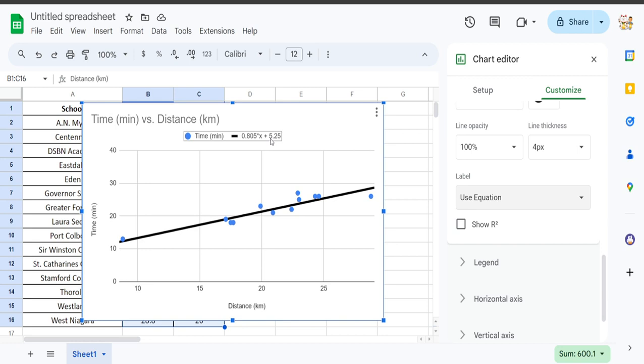I'm going to write down the equation y equals 0.805x plus 5.25. That is the equation of our line. Now you see that little star, that just means multiplying. So 0.805x plus 5.25.